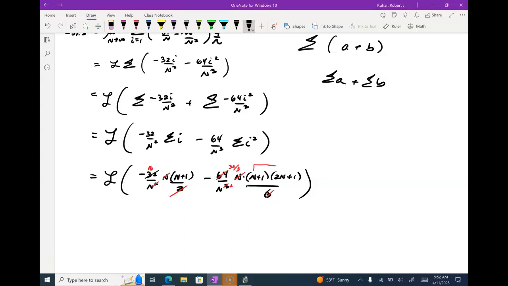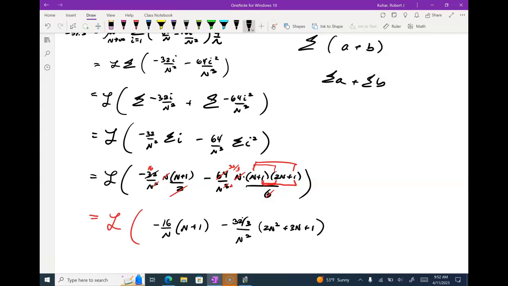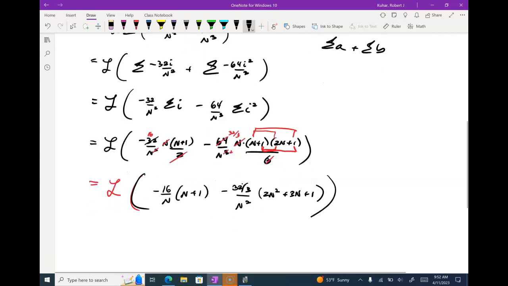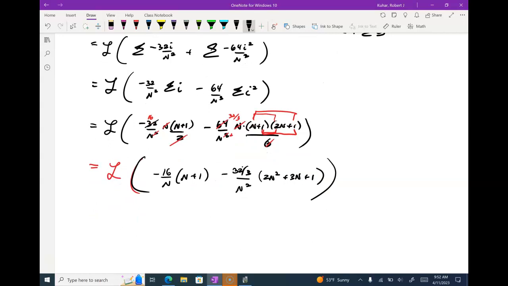And I'm going to FOIL. So I've got the limit of negative 16 over n times n plus 1, minus 32 over 3 over n squared times 2n squared plus 3n plus 1. And now I'm going to distribute.